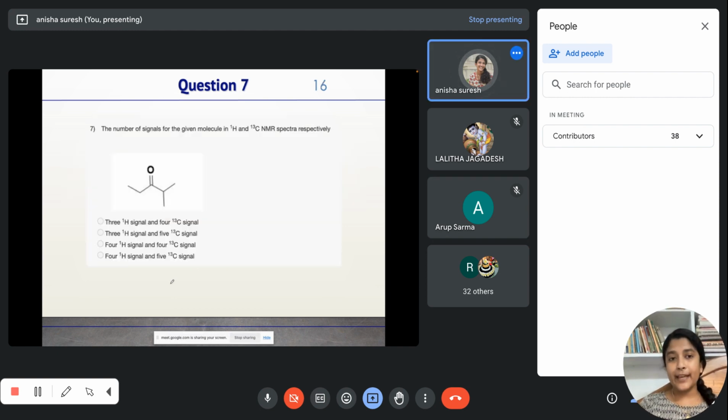Now coming to question number 7. Find the number of signals for the given molecule in proton and 13C NMR spectra respectively. So this is the molecule given. We have to find the number of signals in the proton spectra and the 13C NMR spectra. The options given are: option A 3 1H signals and 4 13C signals, option B 3 1H signals and 5 13C signals, option C 4 1H signals and 4 13C signals, option D 4 1H signals and 5 13C signals.